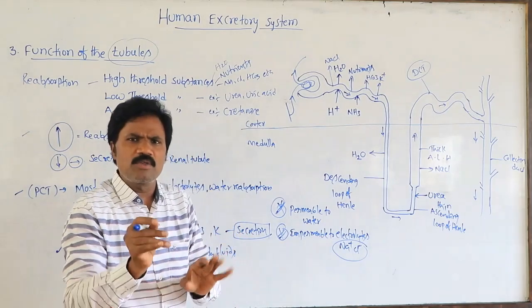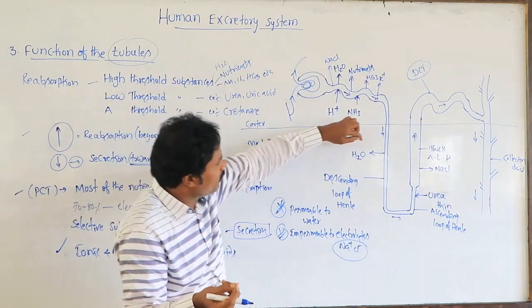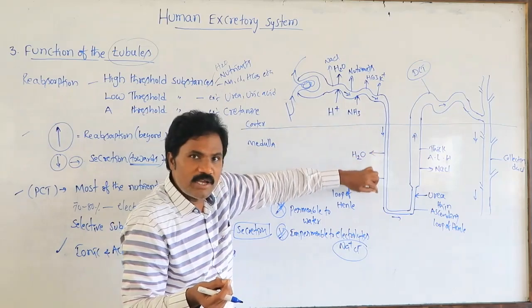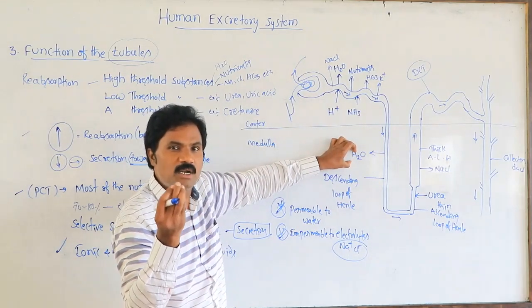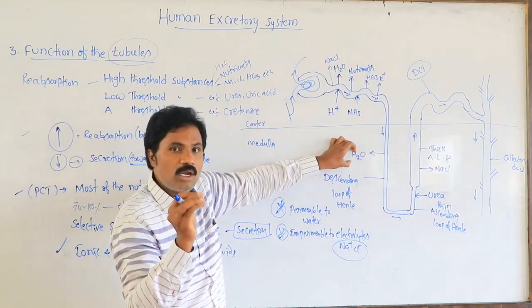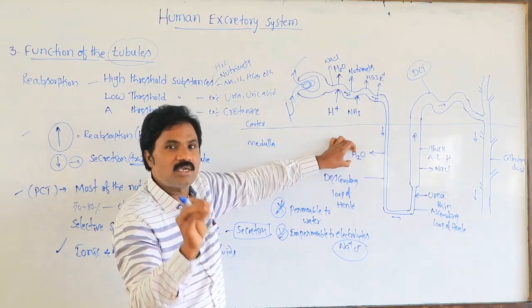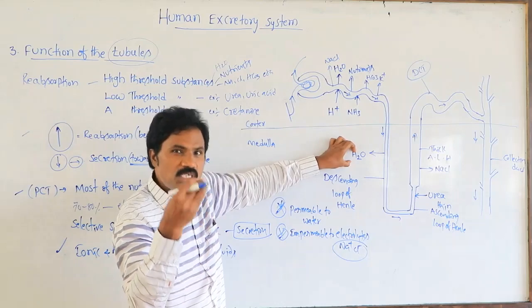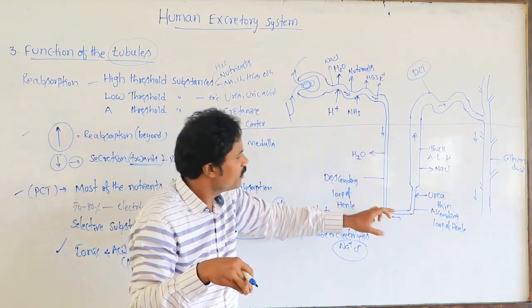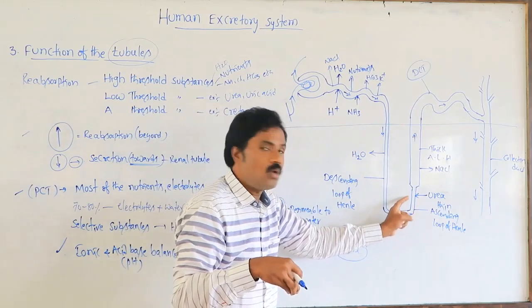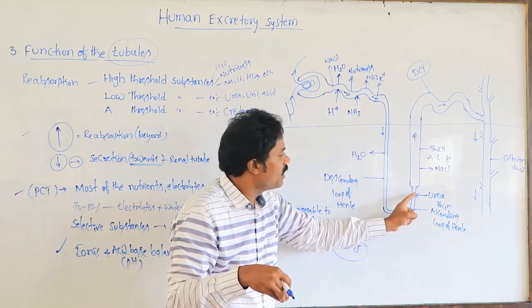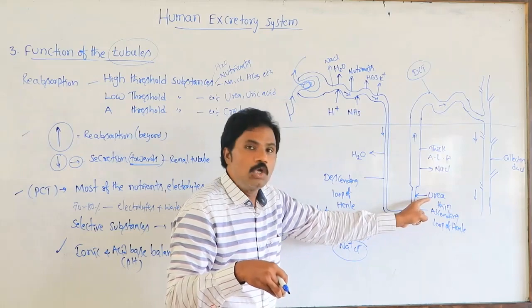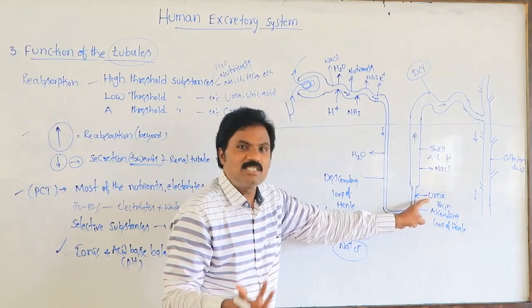Very simple logic, observe carefully. Descending loop of Henle is permeable to water. That means maximum reabsorption of water, unable to reabsorb salts or electrolytes. Similarly, in the thin ascending loop of Henle, there is secretion of urea through a passive mechanism.